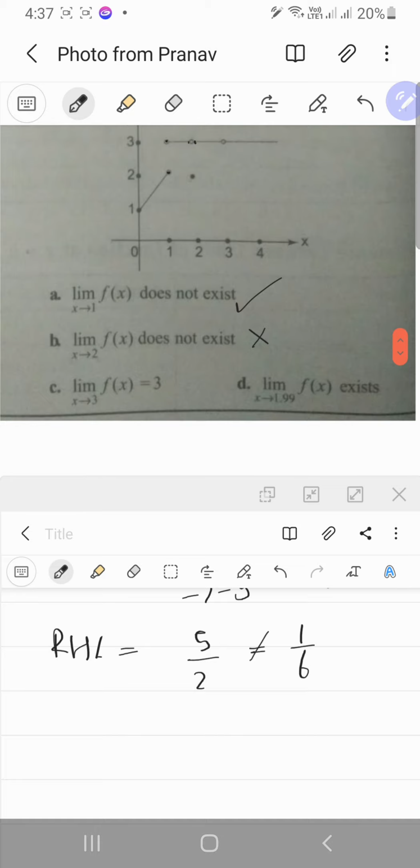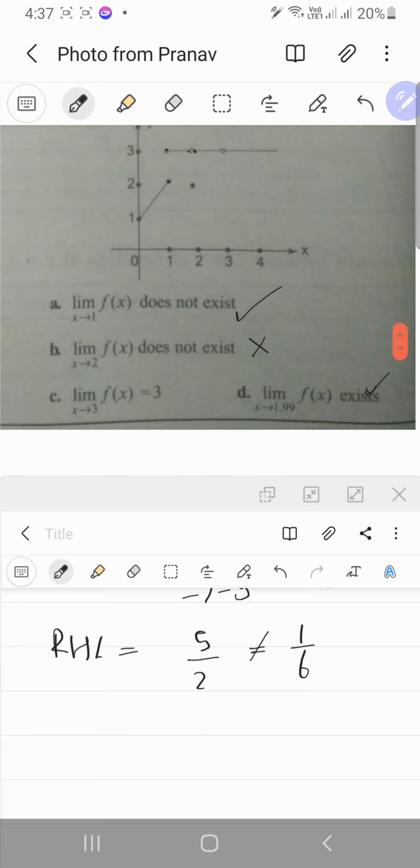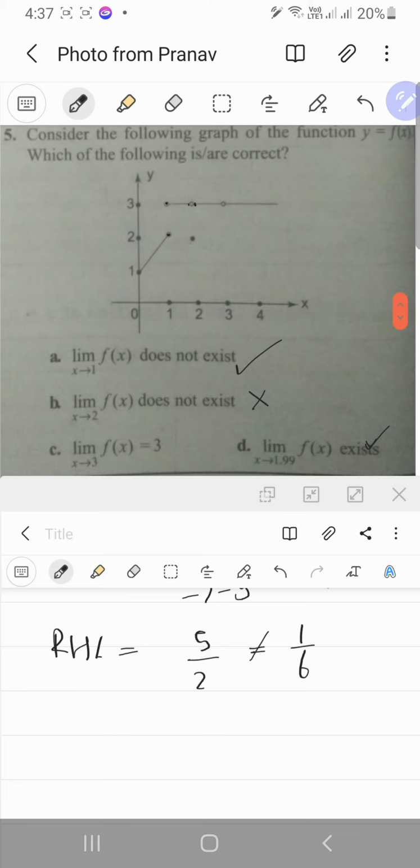Limit as x approaches 1.99 of f of x exists. Yes, this is absolutely correct, and in fact that limit is exactly 3. Okay, C, limit as x approaches 3 of f of x is 3.